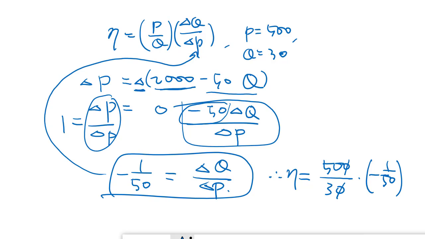We cancel out the 0 on the top and the bottom, and minus 50 and 50 on the top and the bottom. So we get minus 1 over 3. And the absolute value of this number, which is 1 over 3, is less than 1. So this demand is not price elastic, or in other words, it is inelastic.